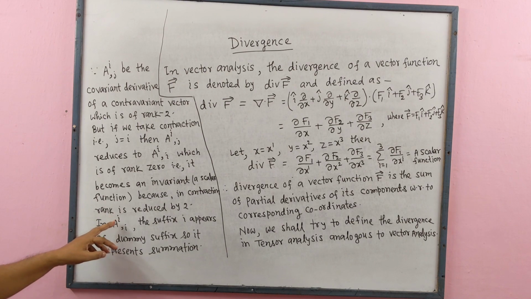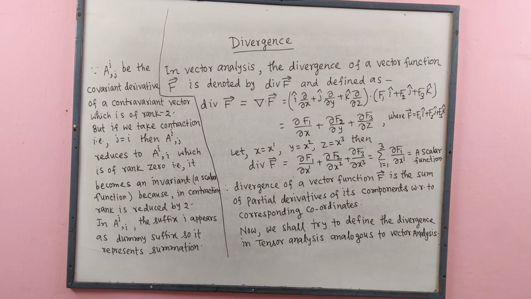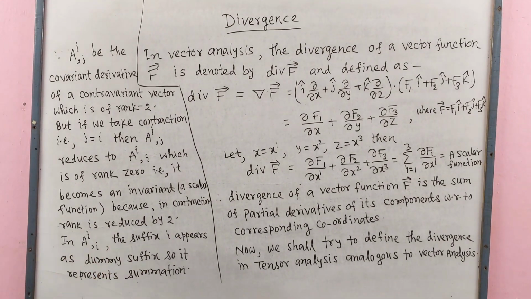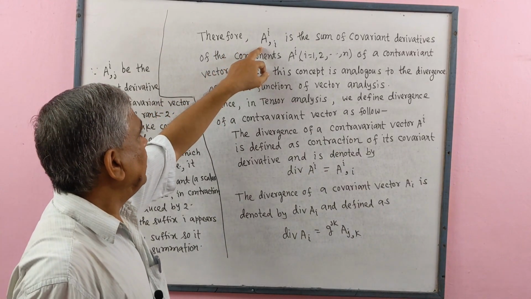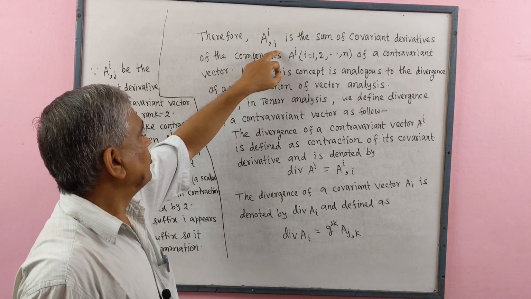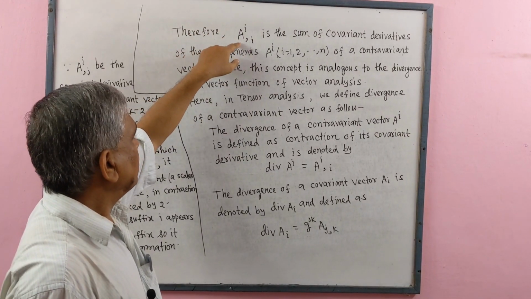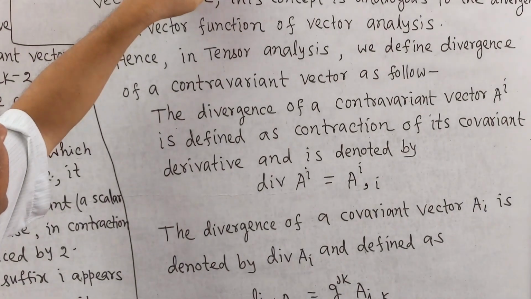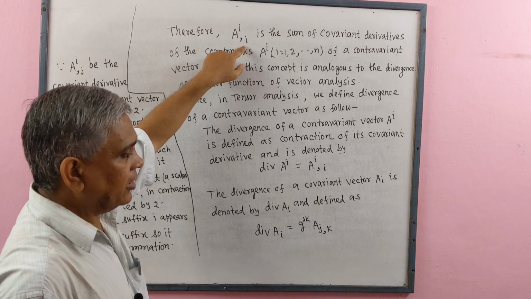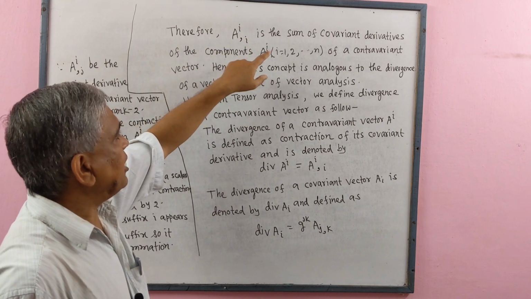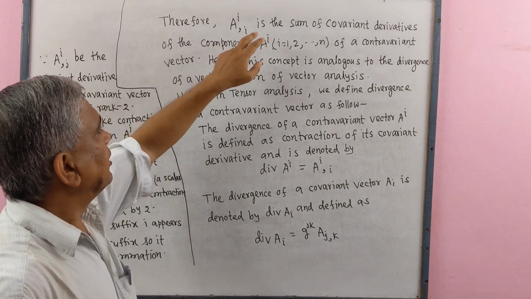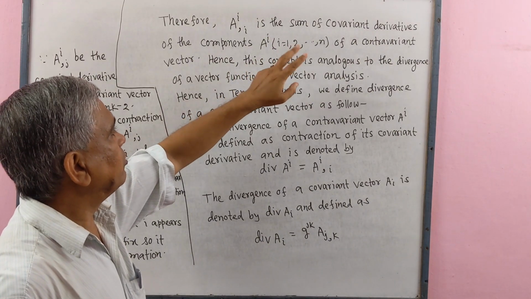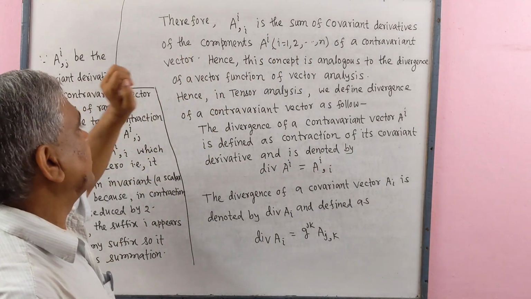In A^i comma i, the suffix i appears as a dummy suffix, so it represents summation. Therefore A^i comma i means the covariant derivative of A^i with respect to x^i, the sum of covariant derivatives of the components A^i, i equal to 1 to n, of a contravariant vector.